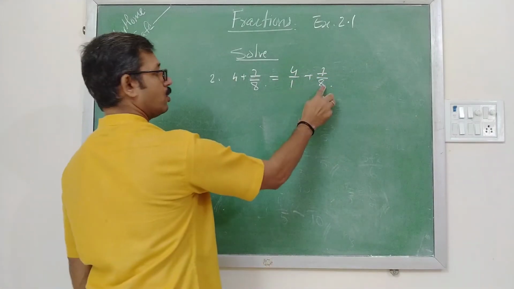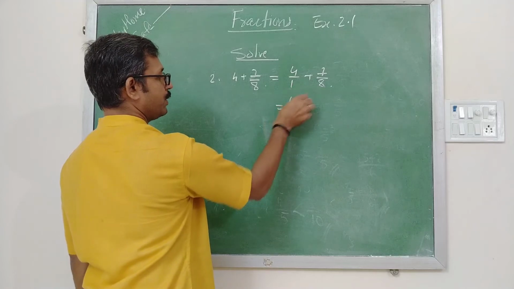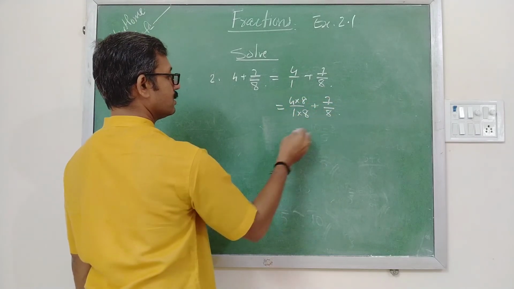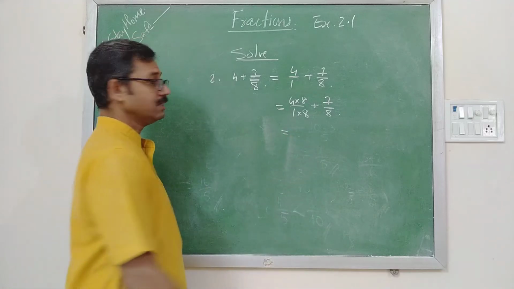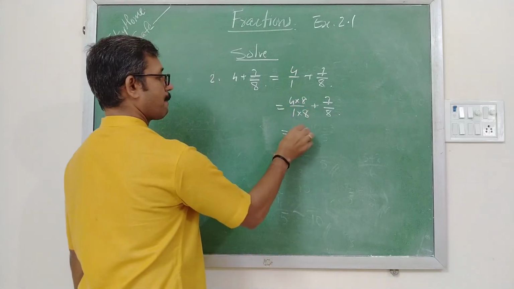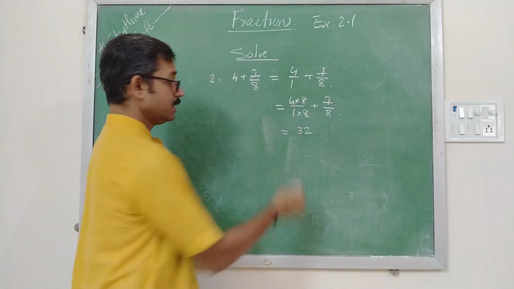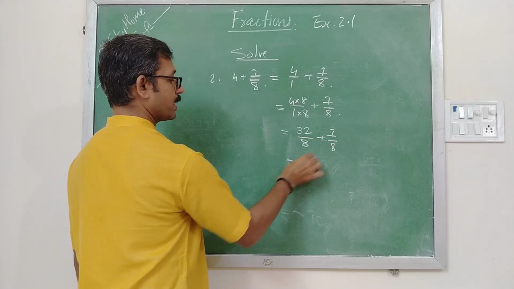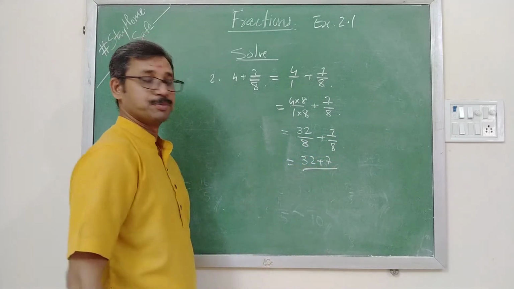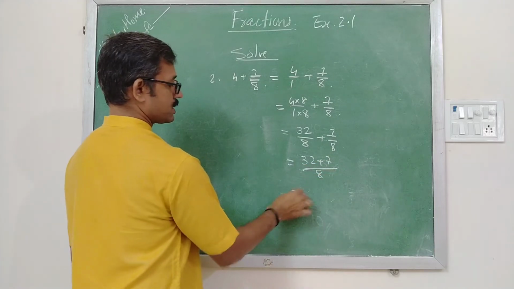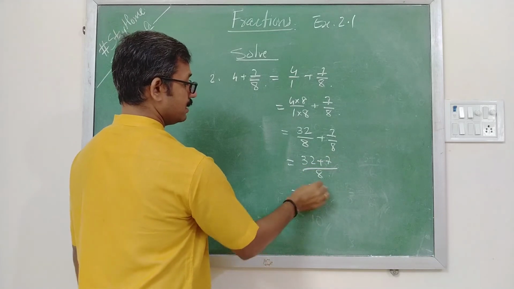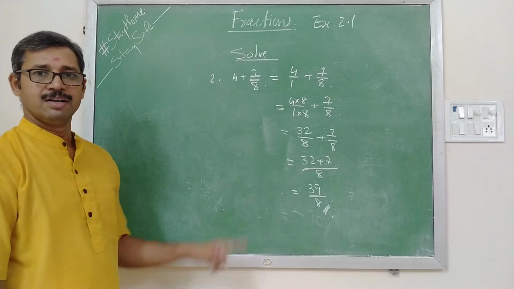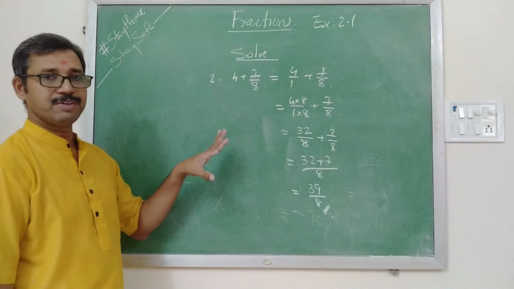The common denominator must be 8. So 4 into 8 upon 1 into 8 plus 7 upon 8. What are 4 eights? Upon 8 plus 7 upon 8. Now the denominators are common, so you can add the numerators. While adding, what will you get? 39 upon 8. You will do it? Understand very well?